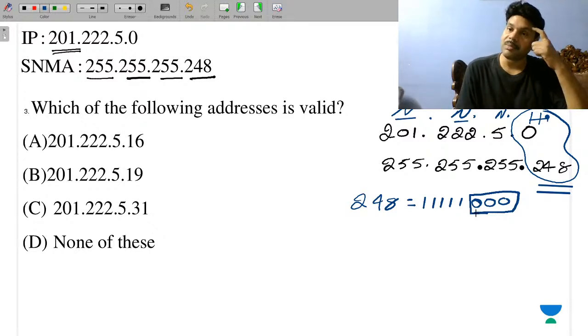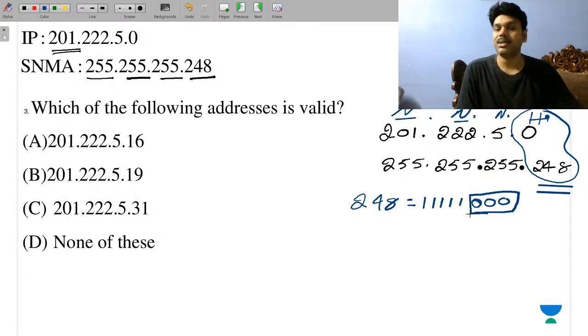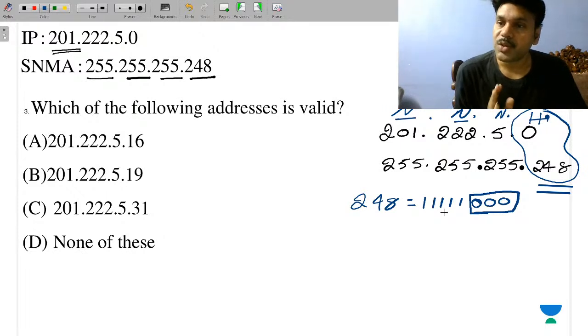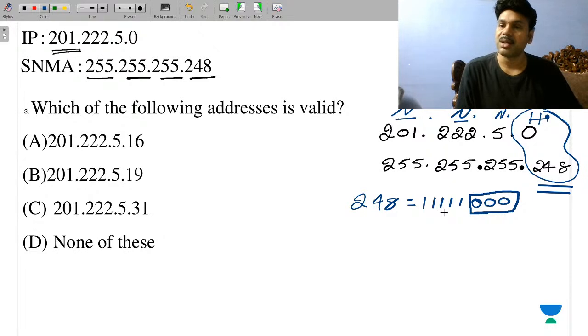So derive your subnets in blocks of 8. Then you are going to see which is valid and which is invalid. How are you going to decide? It must not be a subnet ID, and it must not be a subnet broadcast address. So I am deriving the subnet IDs.